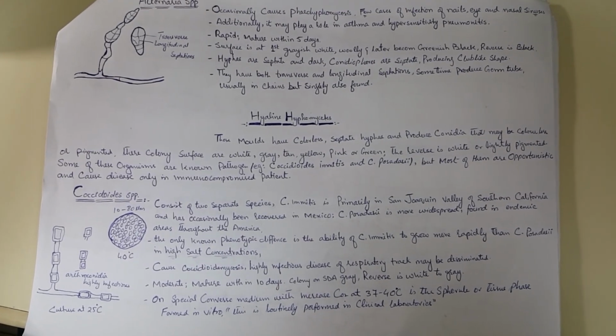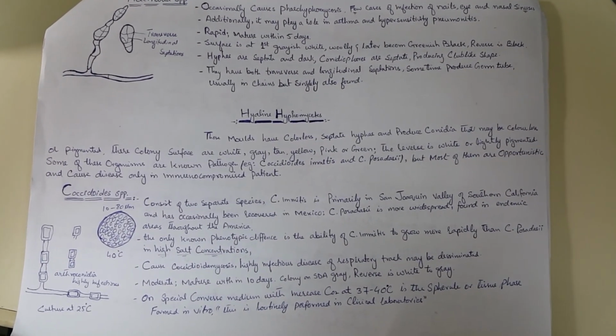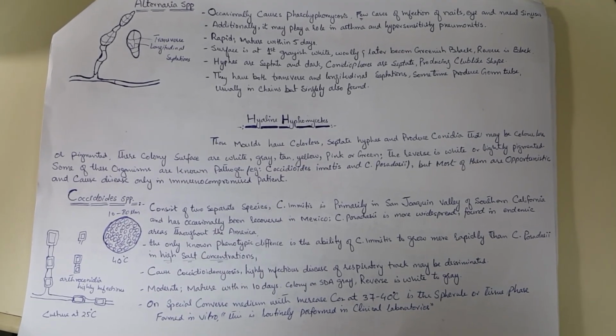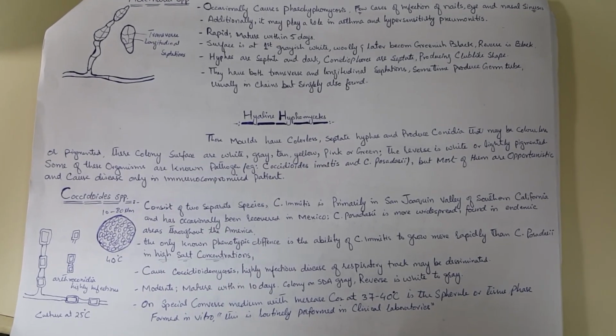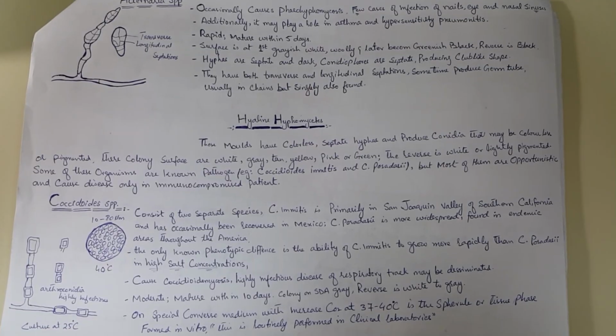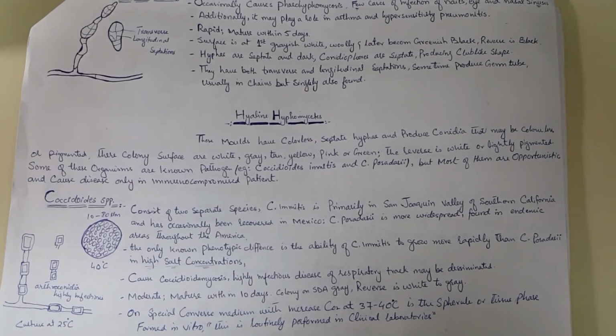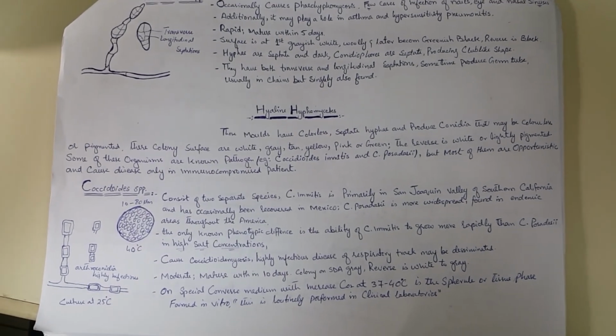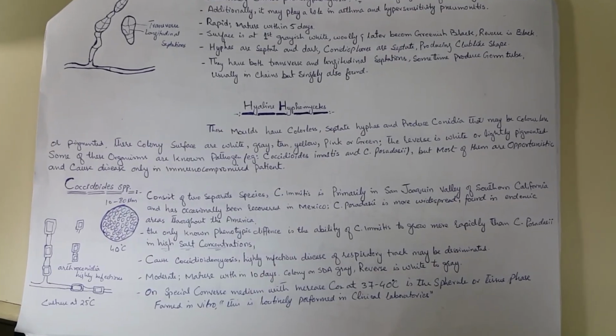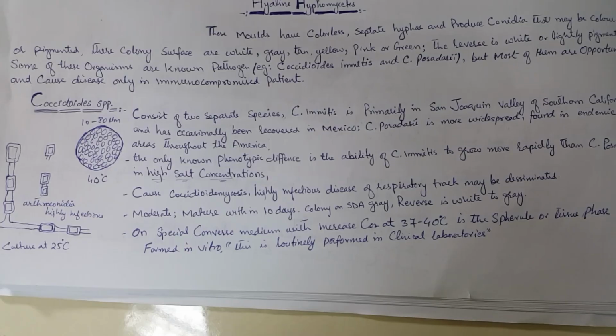Some of these organisms are known pathogens, for example, Coccidioides immitis and Coccidioides posadasii. But most of these are opportunistic organisms and cause disease only in immunocompromised patients.